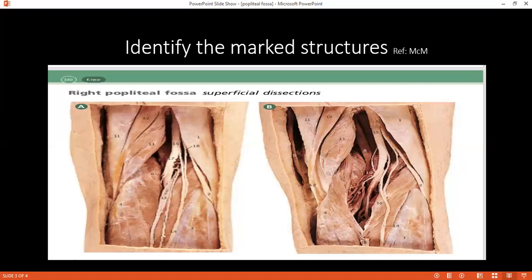Then it will extend. If I put the hammer there, the knee will extend. And that will confirm which root value with the knee reflex? L3, L4.